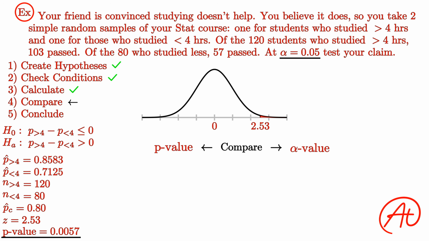It works out the same no matter which way you do it. Okay, to compare our p and alpha values, we just need to determine which one's bigger or smaller. With a p-value of 0.0057 and an alpha value of 0.05, the p-value is less than the alpha value. Okay, great. Now that our comparison is done, we can move on to our last step, conclude.